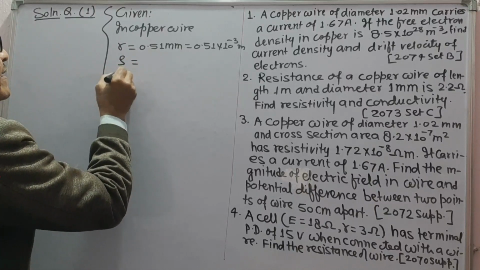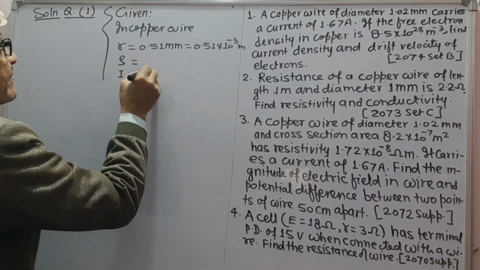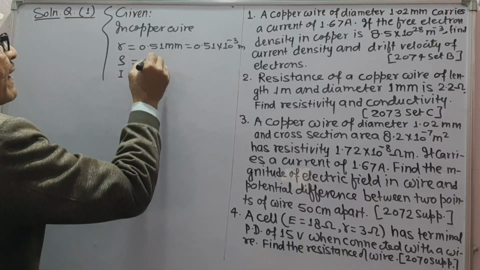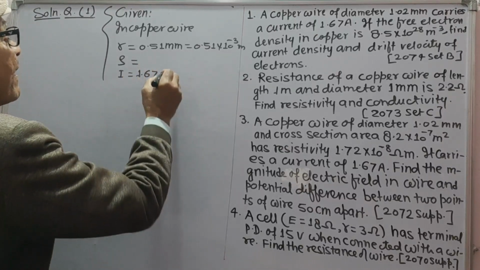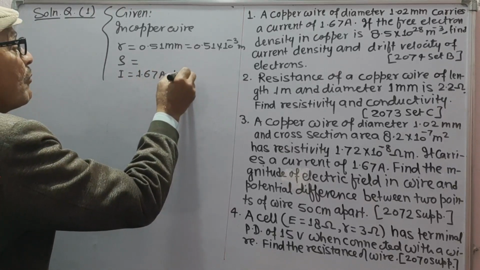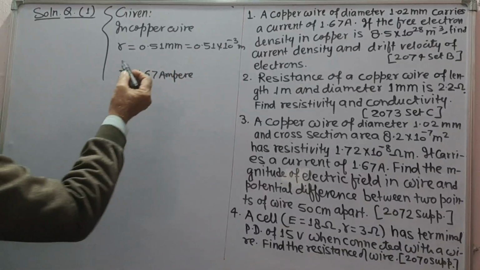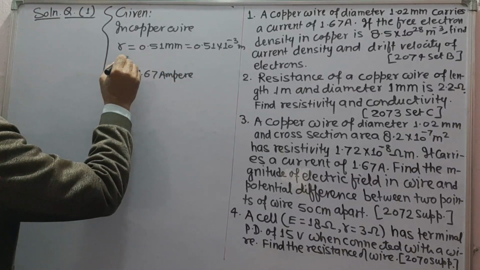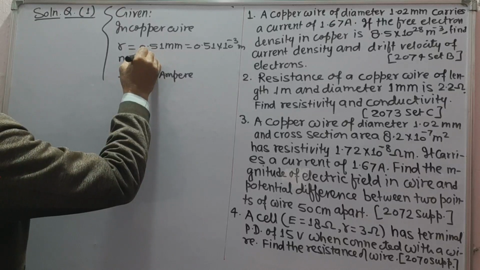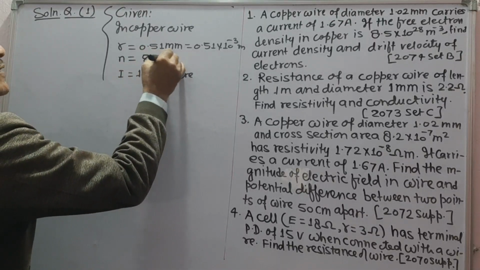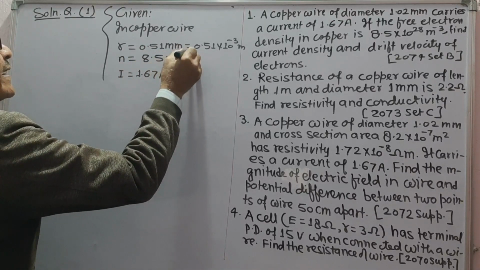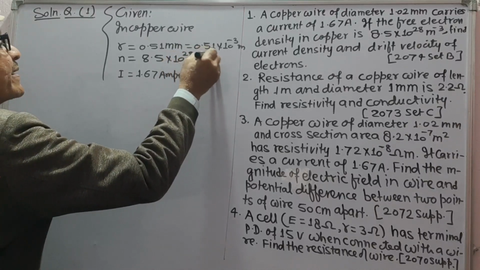Current is 1.67 ampere and free electron concentration small n is 8.5 into 10 to power 28 per meter cube.